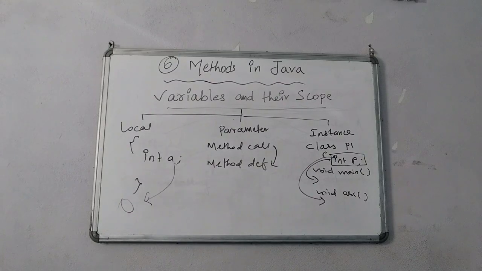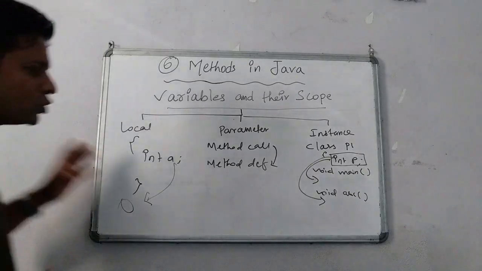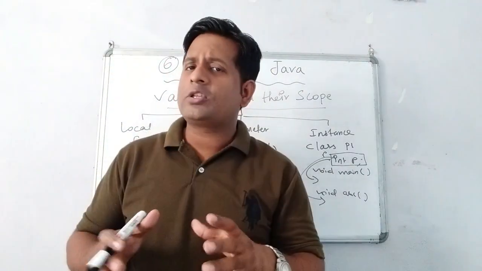Third, instance variables are defined in between class and functions, and their life is within that particular class. That means they can be used in multiple methods, multiple functions. So these are the three different types of variables and their scope. Hope children, you have understood this part. This is all about this chapter.